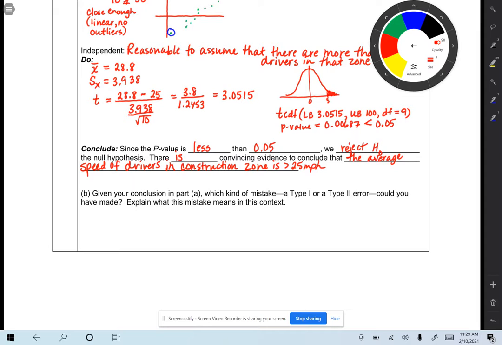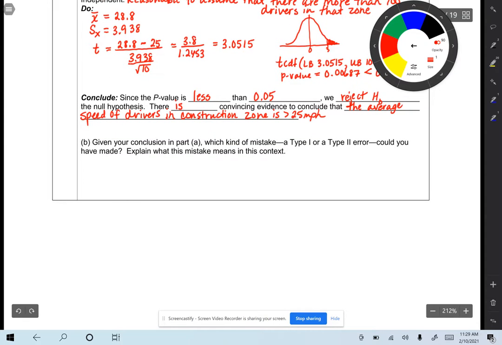Well, since we concluded that the speed of drivers is greater than 25 miles per hour, we rejected the null. So we could have rejected the null when it was true. So that would be a type 1 error.